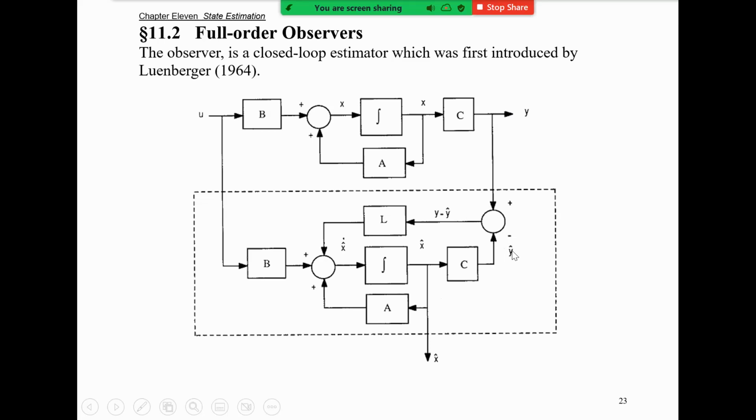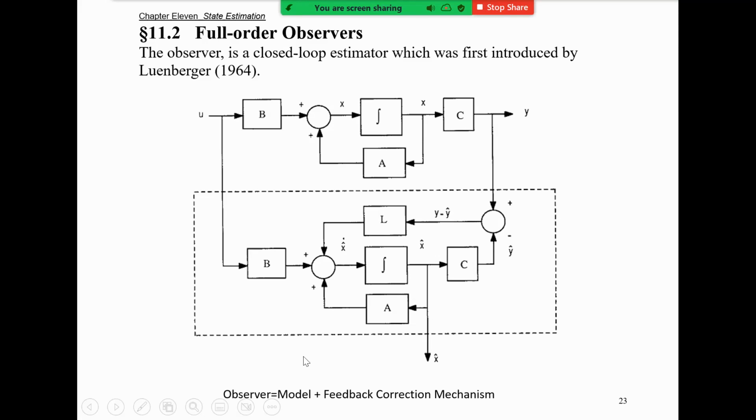This is the estimated output. We take the difference, right? And then we make the correction proportional to this output error in the model. And then you're going to say, finally, it works. So the observer is the system model plus the feedback correction.